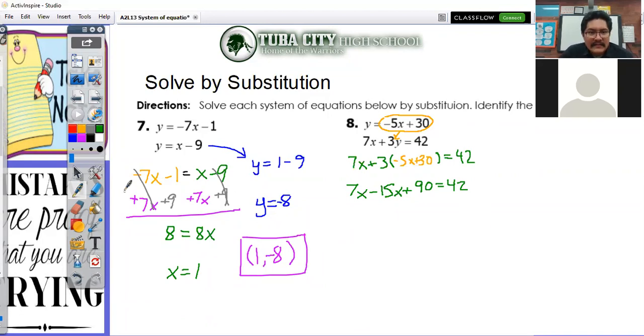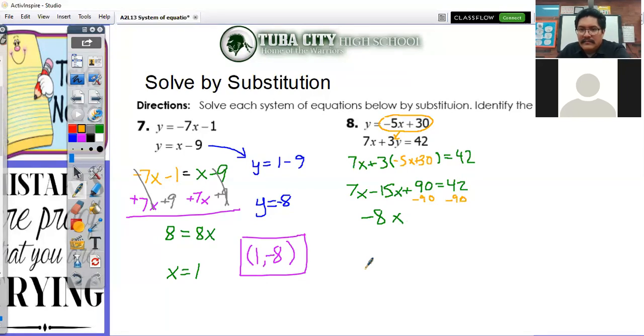Okay. Now let's see, combine these two things. 7 minus 15, so that'd be negative 8x, and minus 90, so minus 90 here, minus 90 there.